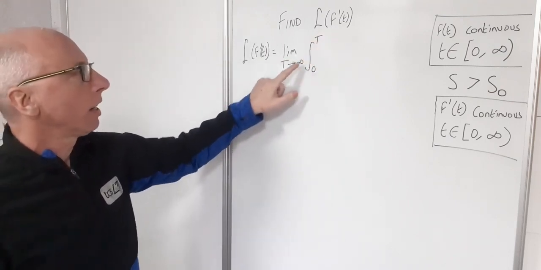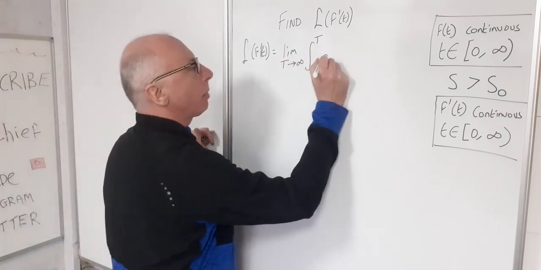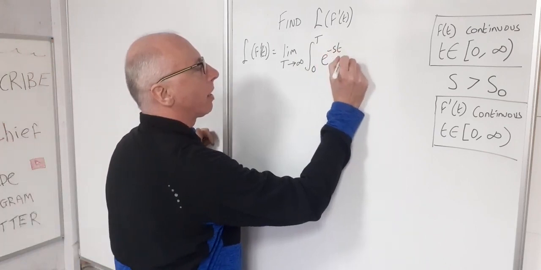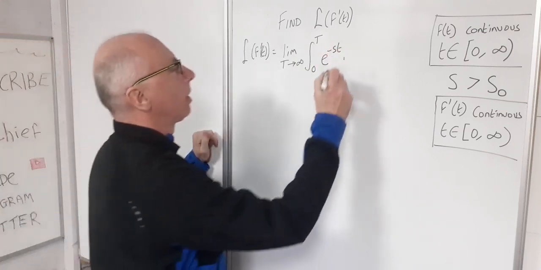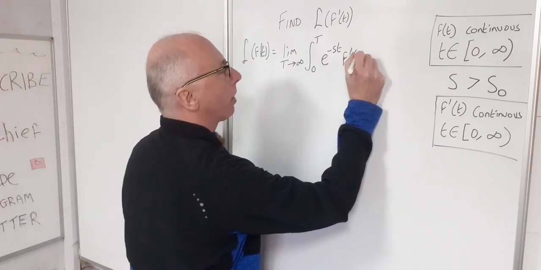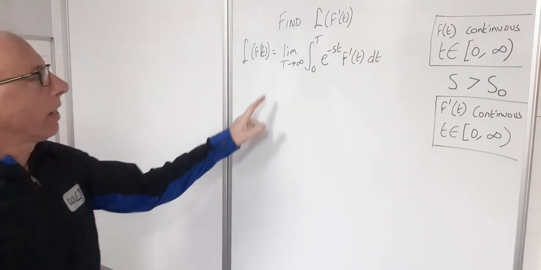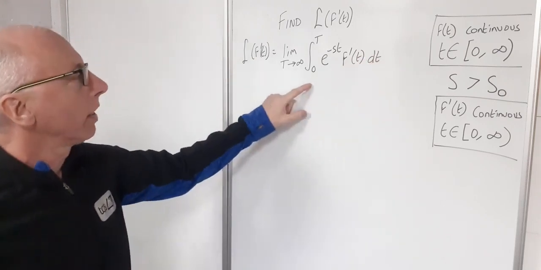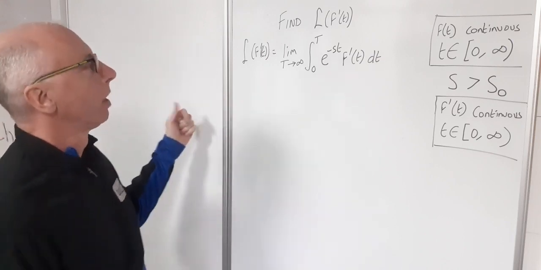So T is basically approaching infinity. And then we have the exponential function e to the minus st, and then whatever is on the input of the Laplace. So here we've got f prime of t, and then integrate with regards to t. That's the standard way to find the Laplace transform of any particular function.